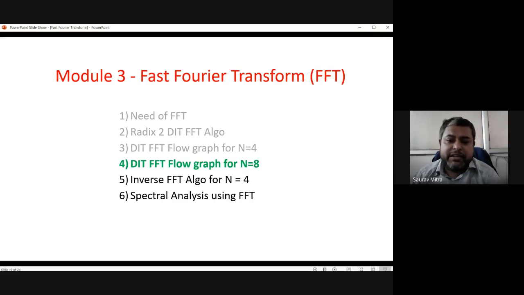It is not difficult. The only thing is you have to draw the diagram, so you have to practice it quite a few times, and once you master that, it's a very repetitive process. Given any discrete sequence of length 8, you can find the DFT through the FFT algorithm, that is the DIT FFT algorithm.